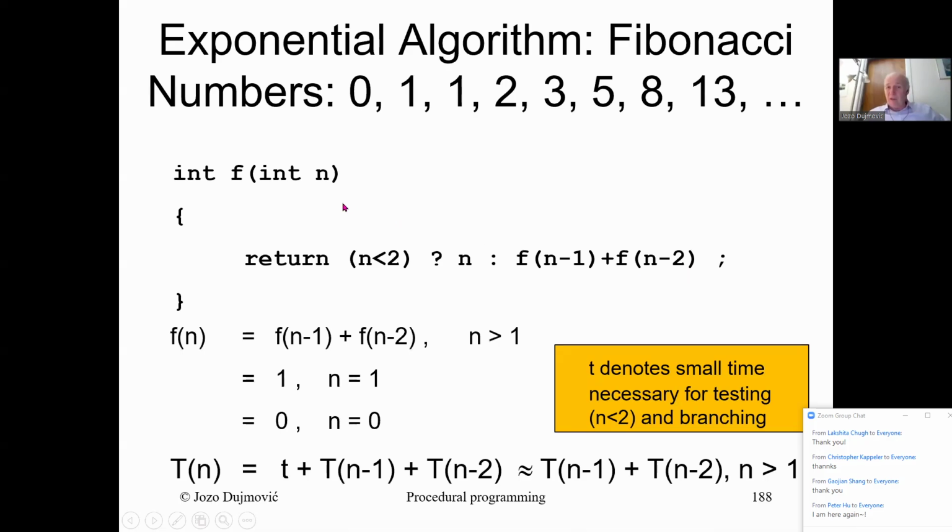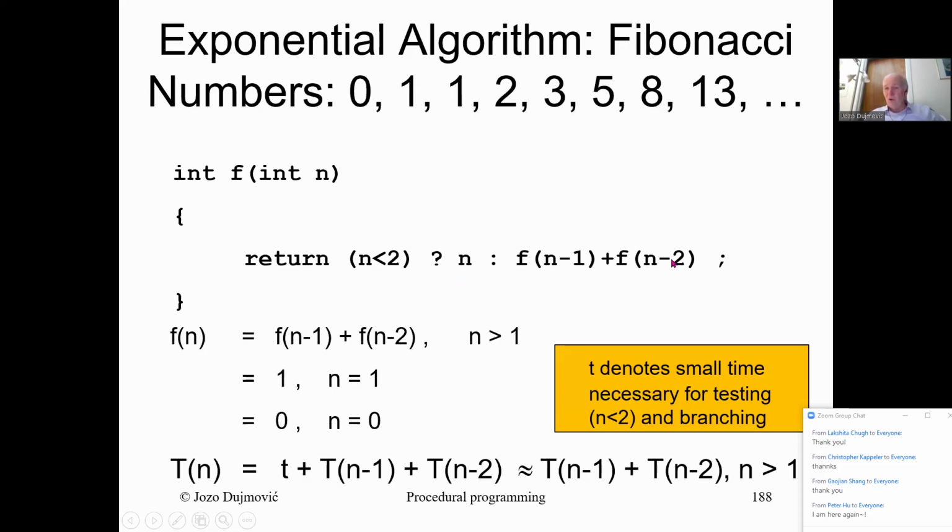And we said that when we write the program in this way, this is the most elegant non-procedural program that you can write. It is short, a single line, and gives correct results. So it is a beautiful program, which is, of course, tragically inefficient, because to compute f of n, we have to compute f of n minus 1 and f of n minus 2.